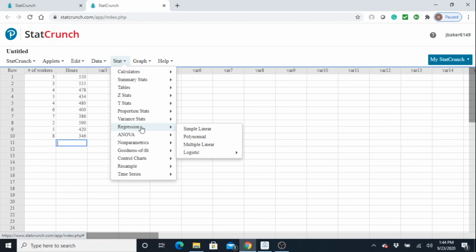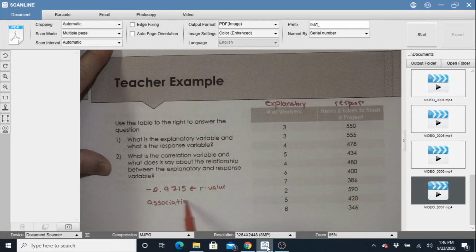And what that tells me is that my association, which is basically a word that's kind of synonymous with the word correlation, my association is very strong and negative. And that would make a lot of sense that it's negative, just because you notice as these points go up, these points are going down.